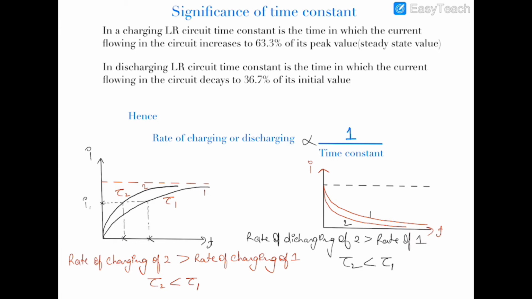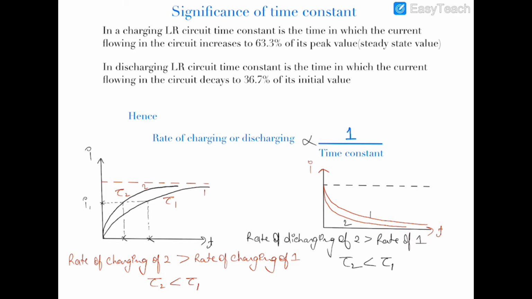So the time taken by the two graphs is different, and the greater time is taken by graph 1. So we can say that the rate of charging of graph 1 is less than the rate of charging of graph 2, and therefore you can predict that the time constant of graph 2 will be less than the time constant of graph 1, because graph 1 has a greater time constant and therefore its rate of charging is slower.